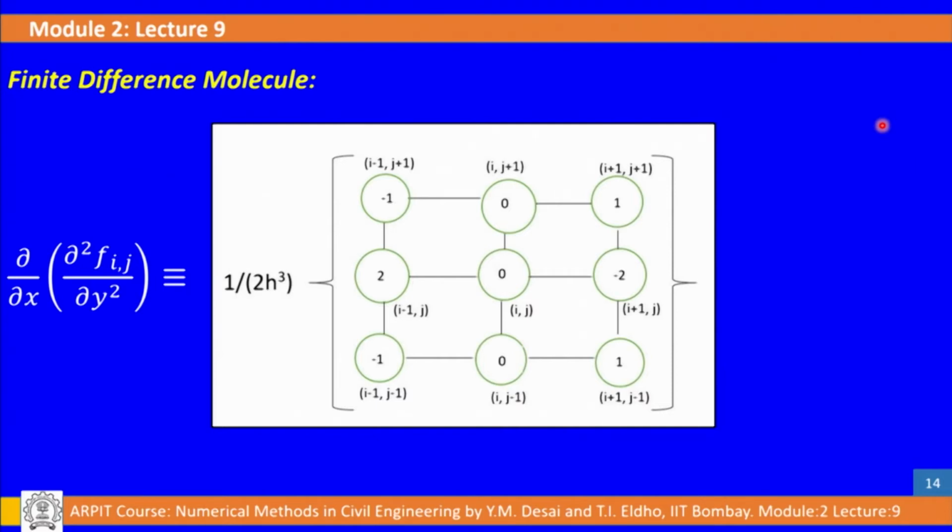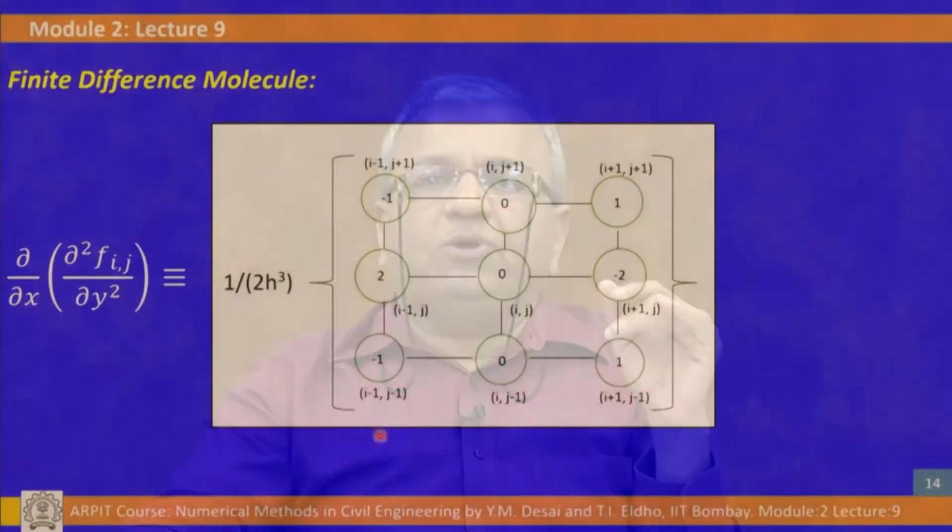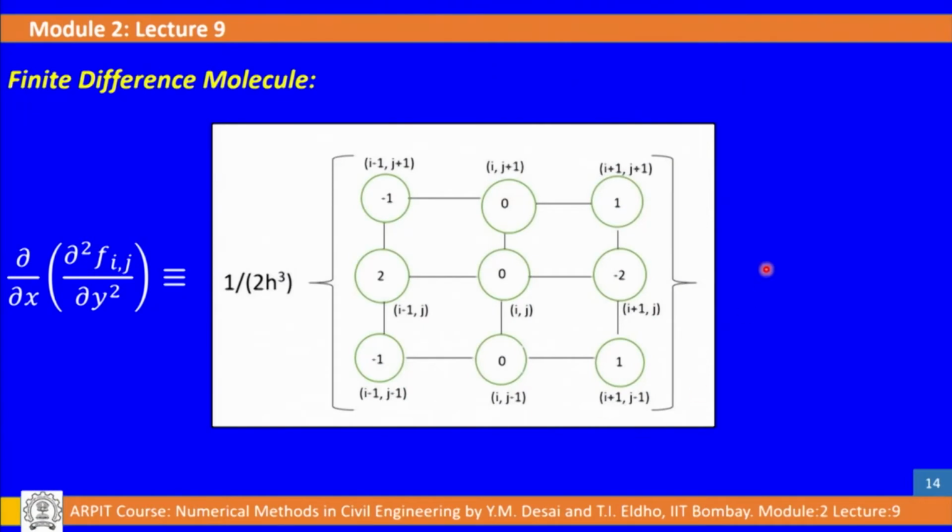Now, in all this differentiation, as we discussed in the case of one dimensional differentiation, when you add all the coefficients, they should add to 0. So, in any such expressions you see, the summation of these coefficients will be 0.